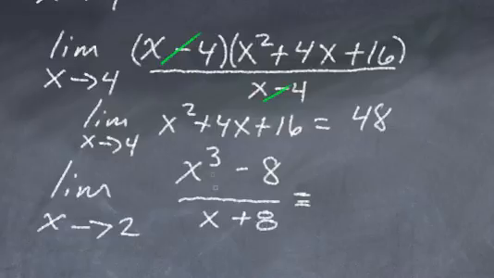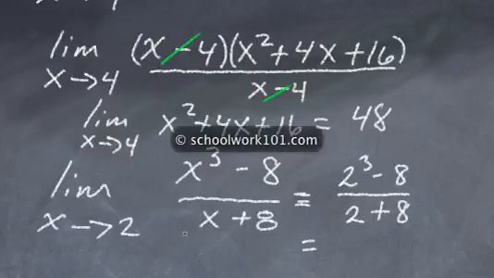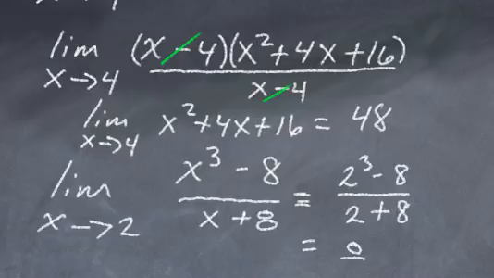You take the 2, we do the direct substitution, so we get 2 cubed minus 8 over 2 plus 8. Right? And what we end up with in the top here, 2 cubed is 8, and 8 minus 8 is 0. And so this limit here is equal to 0.